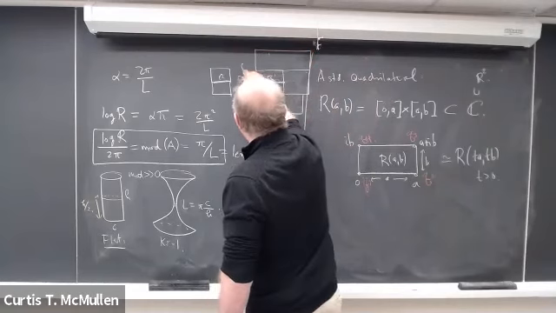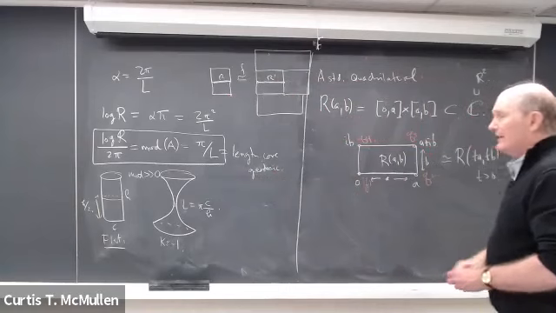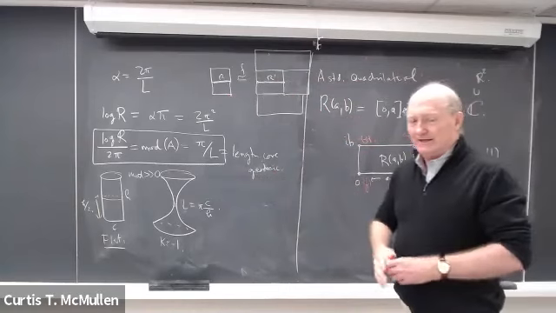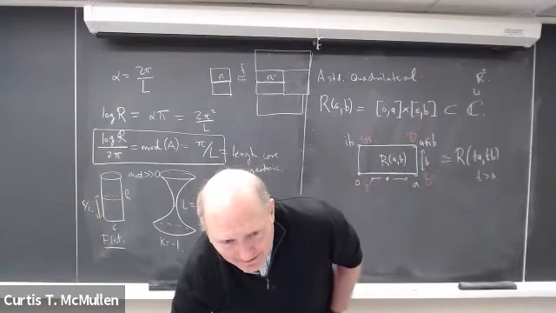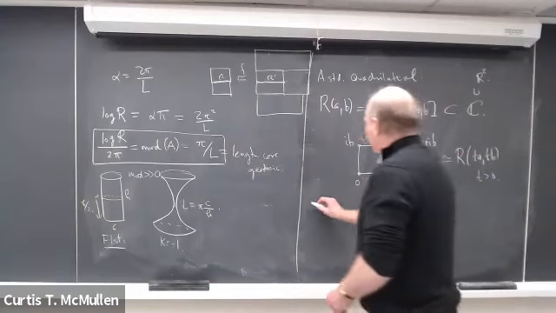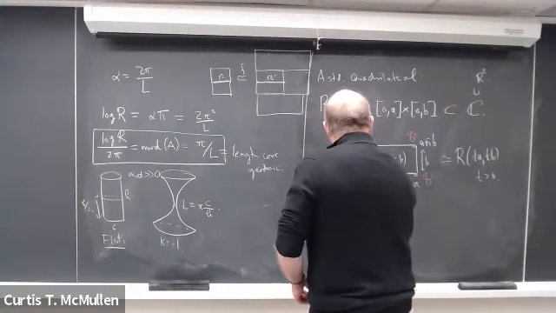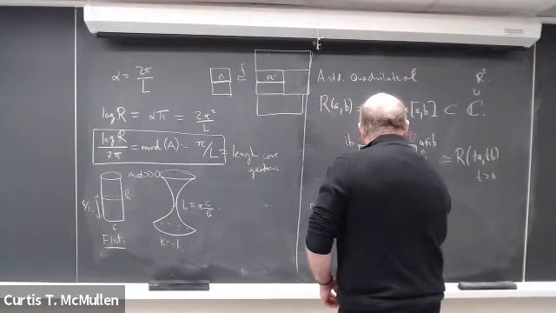At the end of the day, you conclude that F is just a map of the plane to itself, and so it must be a dilation, and therefore the only real invariant is this ratio B over A. So we define the modulus of R_AB to be this ratio A over B.